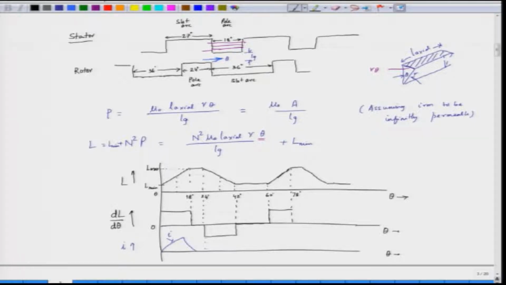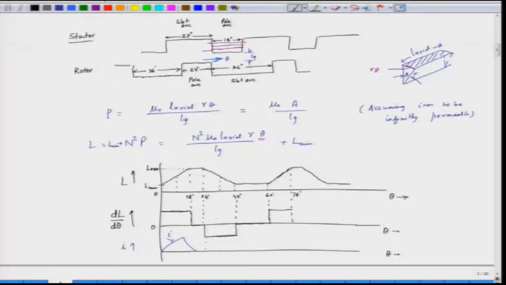Now, if we plot dL by d theta, the variation of inductance with respect to theta, we see that from 0 to 18 degrees the inductance is constant, and from 18 to 24 degrees dL by d theta is constant, because the inductance is increasing. From 18 to 24 the inductance is constant, so the derivative is 0, and then from 24 to 42 the inductance is decreasing and the derivative is negative here.